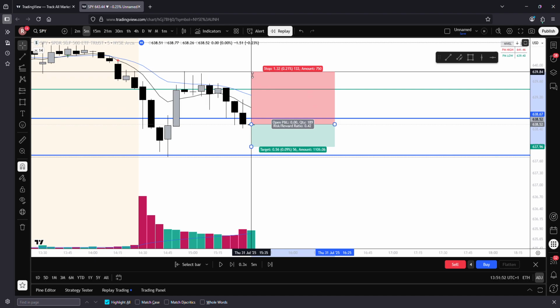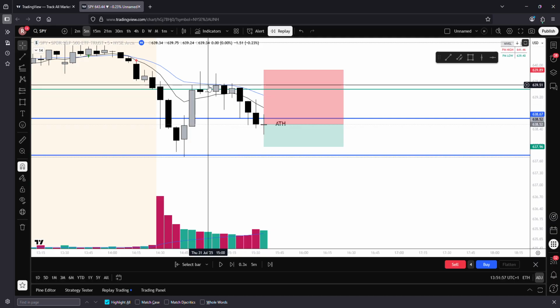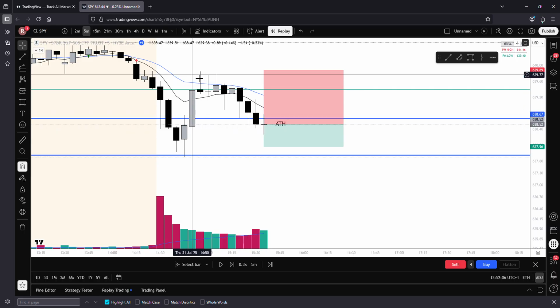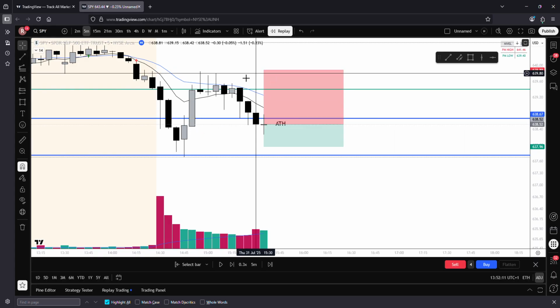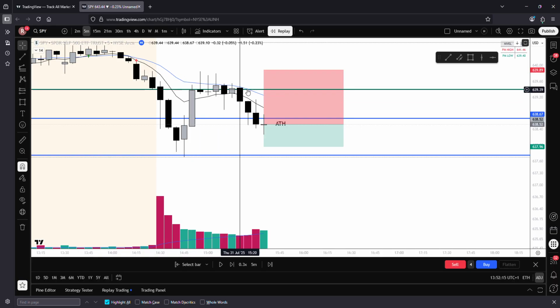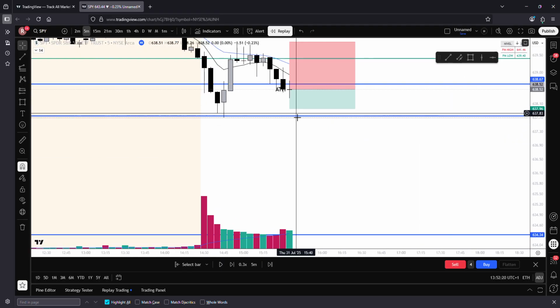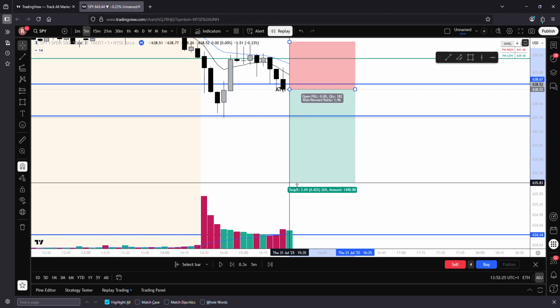I like to target a 2-to-1 risk reward ratio, and I also like to set my stops above or below a hammer candle or a marubozu candle. So we're going to set our stops just above these wicks where we have rejected multiple times already in the day, and then we're going to open up and look for a 2-to-1 risk reward ratio.